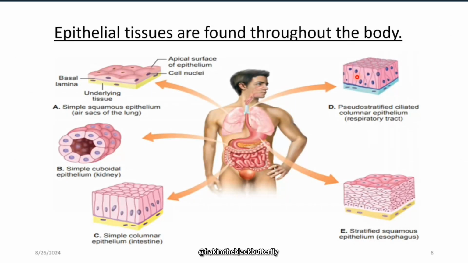They form the linings of the airway, the lining of the lung, the lining of the intestines, the kidneys, pancreas, the urinary bladder, the lining of the skin. That's why we are calling them lining tissues. They are made up of cells that form linings of the internal and the external body surfaces. As simple as that.